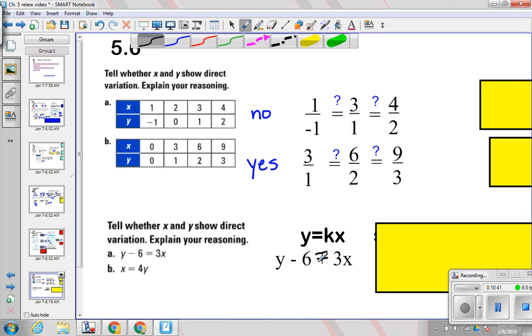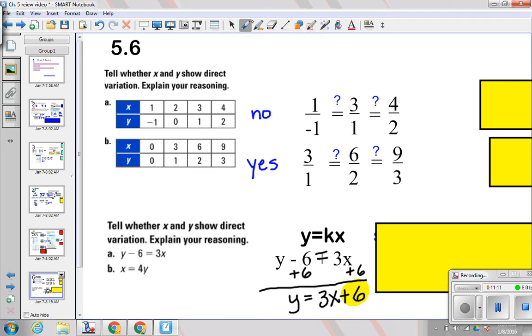Okay, so we have this equation and we want to try to make it look like a proportional relationship, so we would add 6 to both sides to get y by itself. So that would give us y equals 3x plus 6. Notice it is not of the same form as a proportional relationship because we're adding 6. That gets in the way of it being a proportional relationship. So the first one is not a proportional relationship.